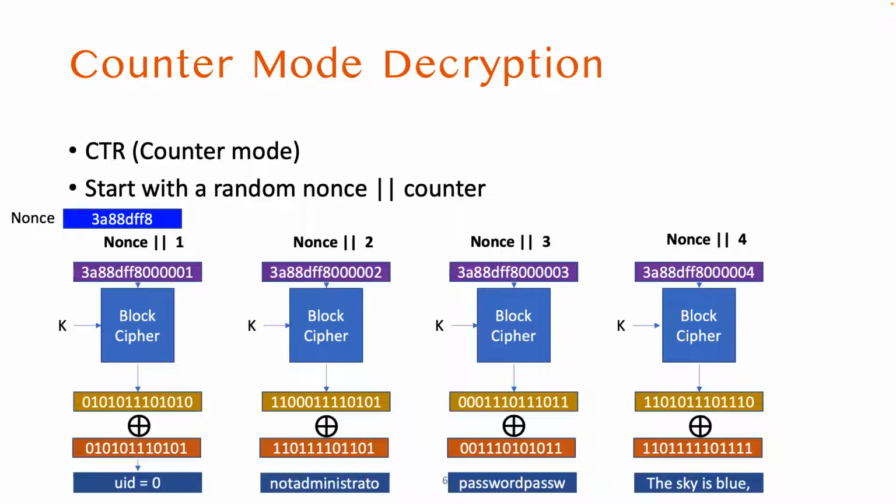Suppose you and I want to use counter mode, then I just draw a random number and let you know about that random number. Starting from there, we will add 1, 2, 3, 4. Because it was chosen randomly in the first place, the chance that an attacker would observe the same number is very low.